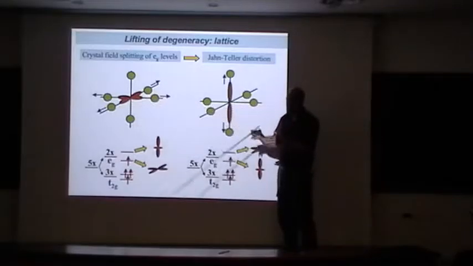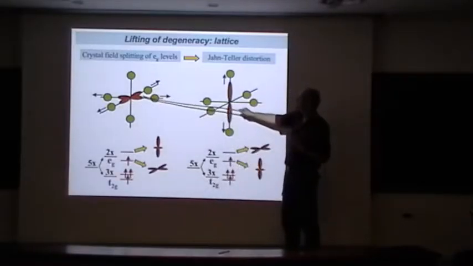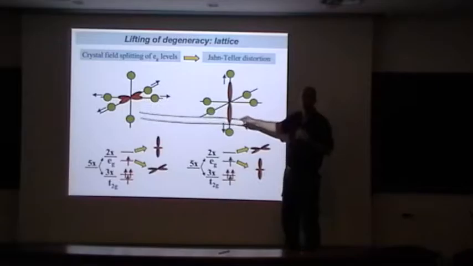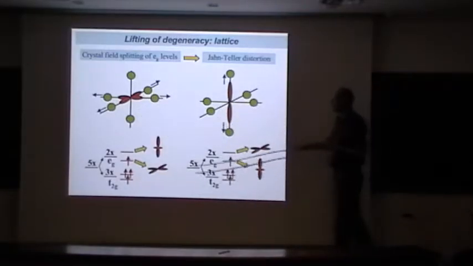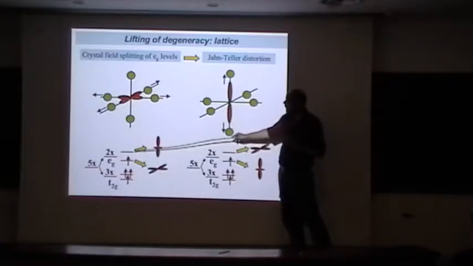If in the plane the bonds are elongated, this x squared minus y squared orbital will be lower in energy. Yeah. So there are two possibilities.